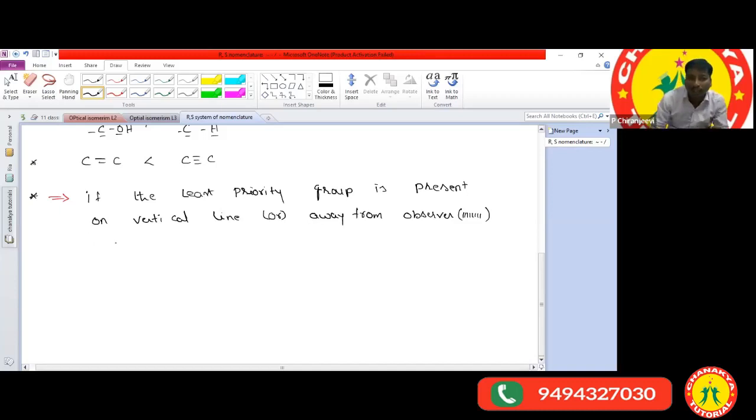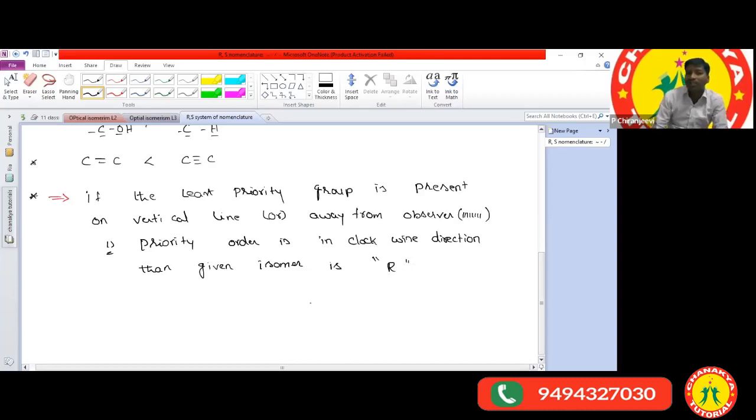Now the first condition: if the priority order is in clockwise direction, then the given isomer is R isomer.